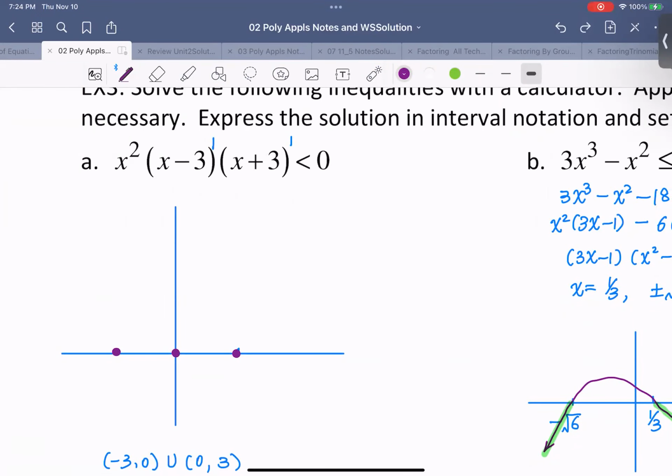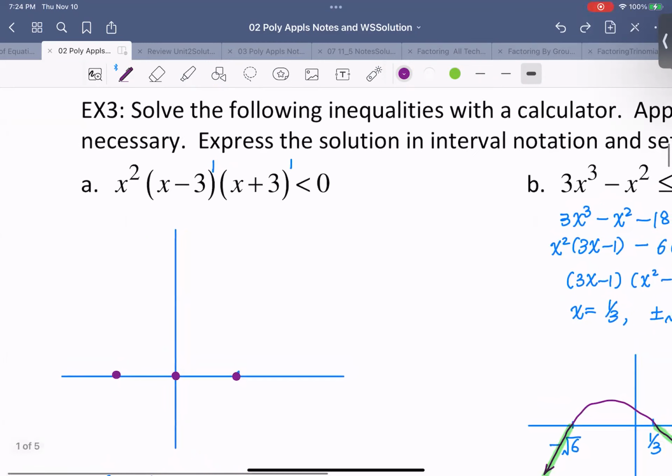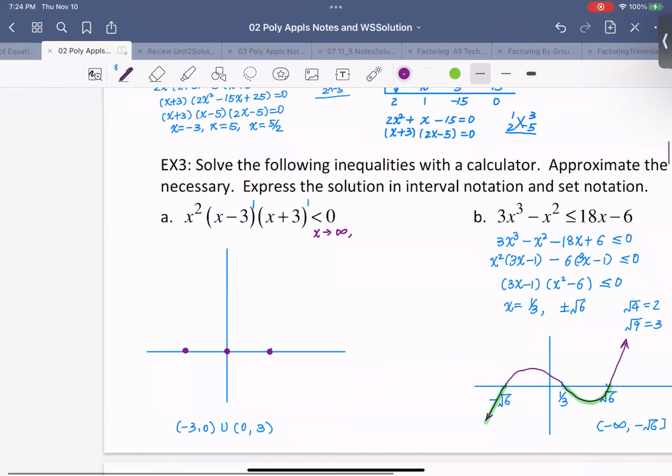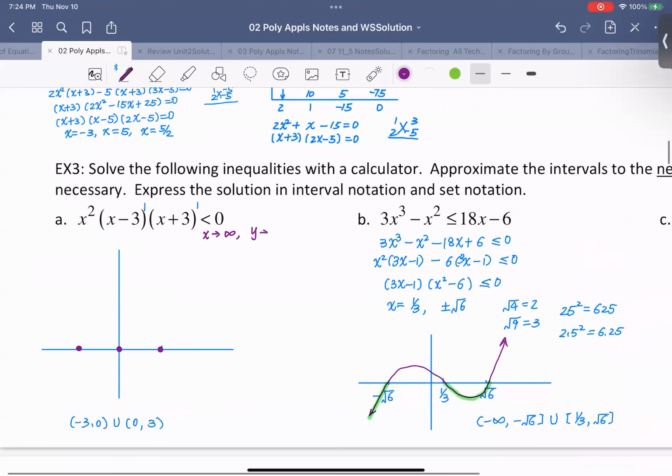Let's also talk about the end behavior. When x goes to positive infinity, y will be, whether when x is positive infinity, this is infinity squared is infinity. That's also infinity, so y will also be infinity, right? Yes.